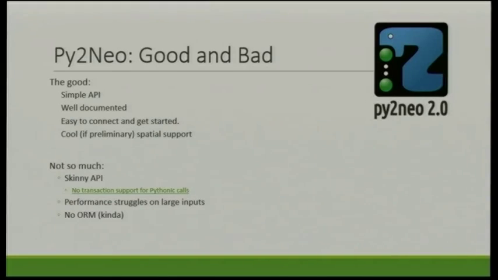But there's no transaction support past a single line of Python. So you can't say, for example, with transaction as tx, do this block of code. You can only do that with Cypher.